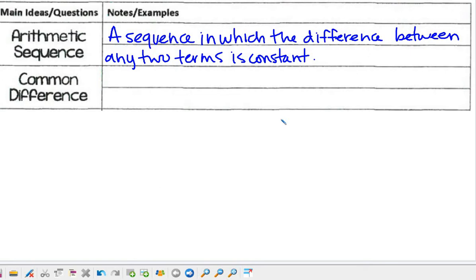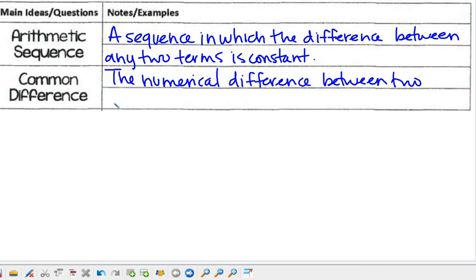So remember, again, as a reminder, during the video, if you need to stop and pause, you can do that at any point you need to, okay? So the common difference is the numerical difference between two terms.